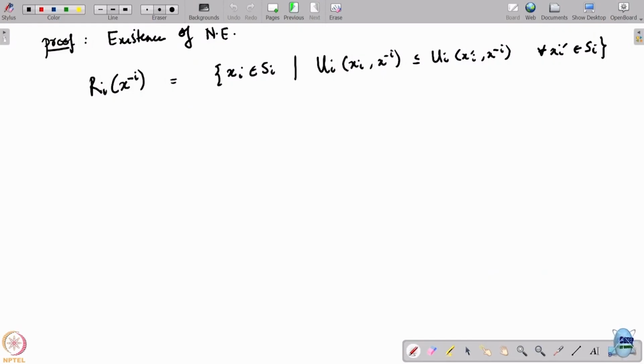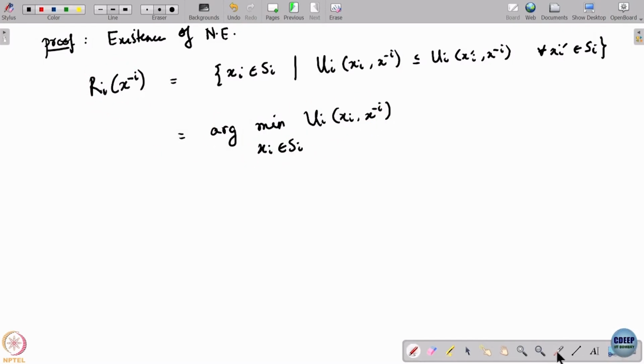What are these x_i's? These x_i's are those that minimize, so this is the same as the minimizers of u_i of x_i with x_{-i} fixed. When you minimize this over x_i, the minimizers that you get are your best responses.